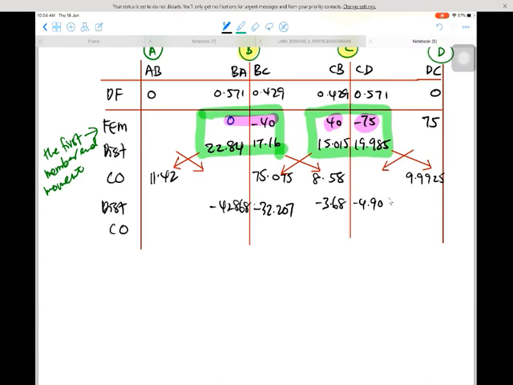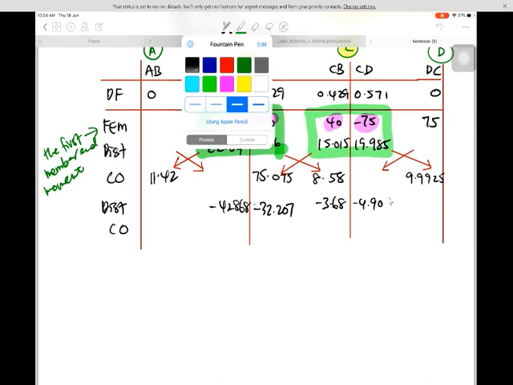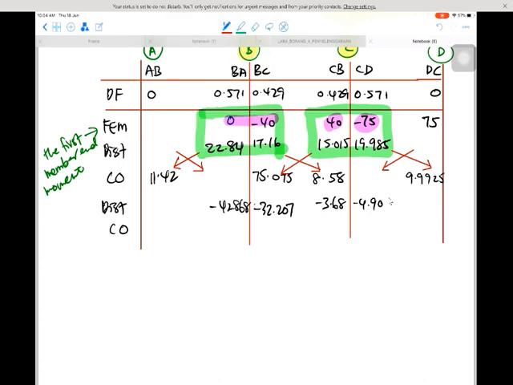We repeat carry over, like what I have shown to you just now. So negative 42.868 divided by 2 is 21.434. Okay, 32.207 divided by 2 is 16.104. Okay, 3.68 divided by 2 equals negative, this time we remain the sign.